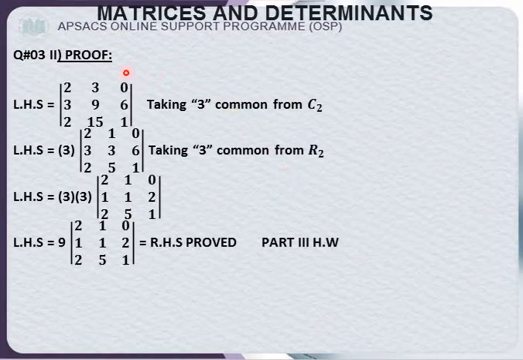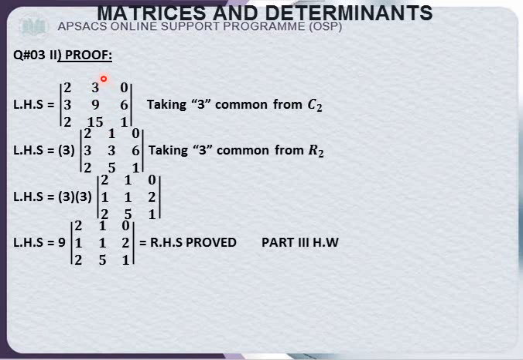Question number 3, part 1, we have done in the previous lecture. Question number 3, part 2, it is also a proof. There are two sides, left hand side and right hand side. I took the left hand side, and you can see 3, 9, 15.